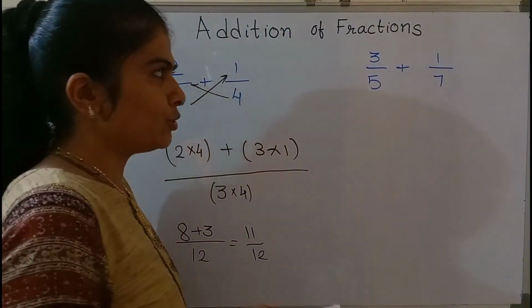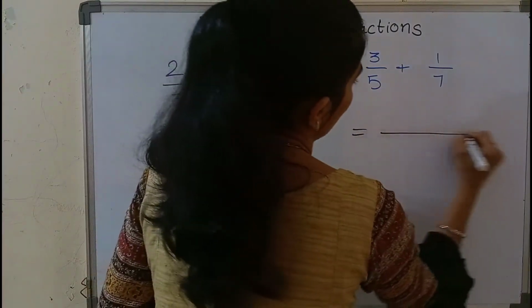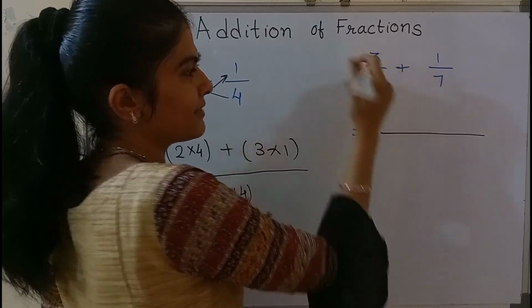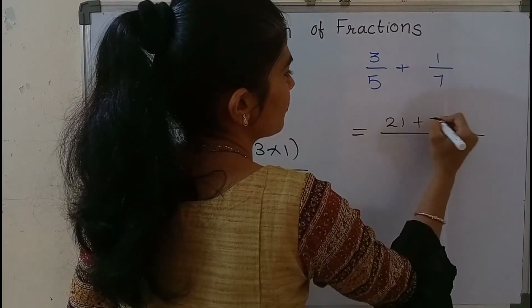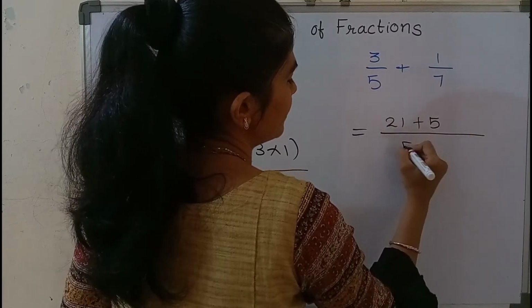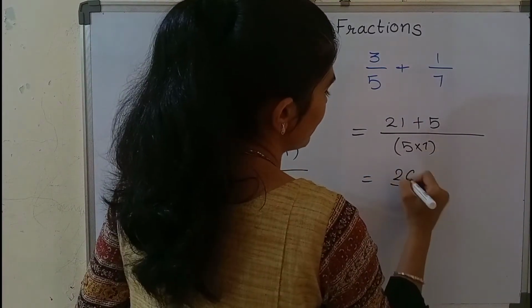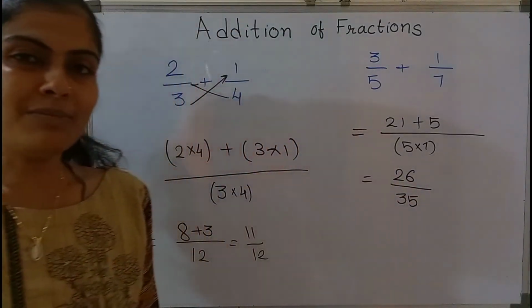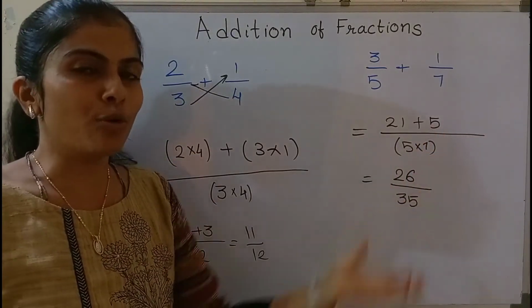Now, what do we need to do in this case? Again, we need to do cross multiplication. So now, friends, I'm not going to write it in that way, but I can write 3 7s are 21. So this is 21. 5 1s are 5. So 5, and 5 times 7, which is 35. So I can say that my answer is 26/35.